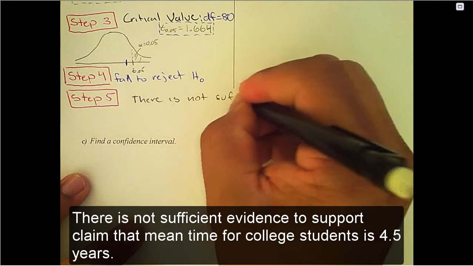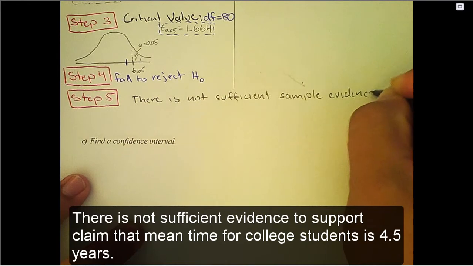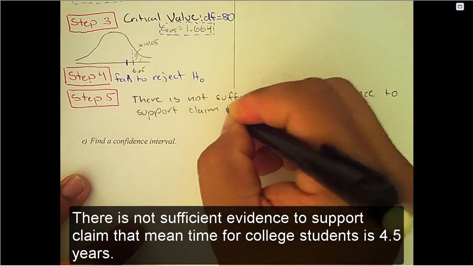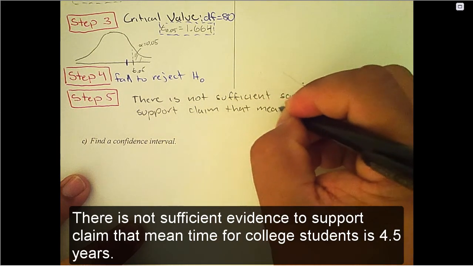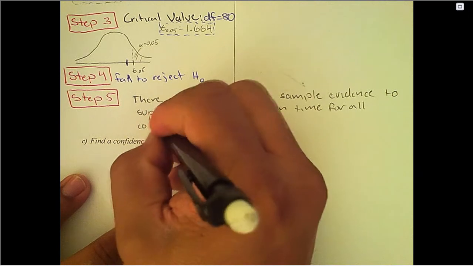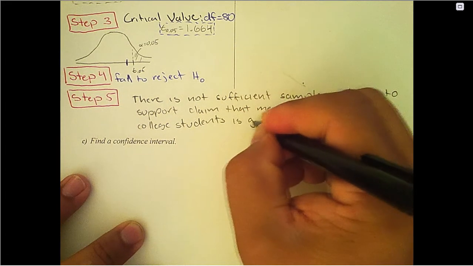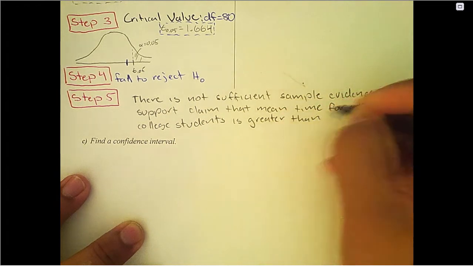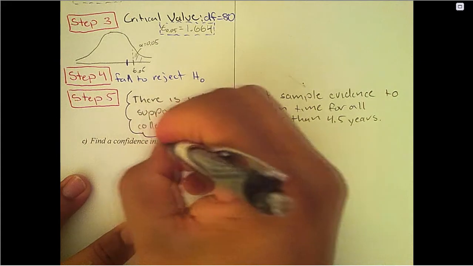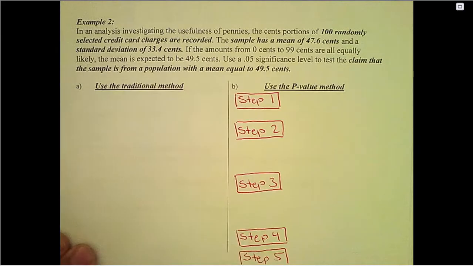There is not sufficient evidence to support the claim that mean time for college students is 4.5 years. Next example.